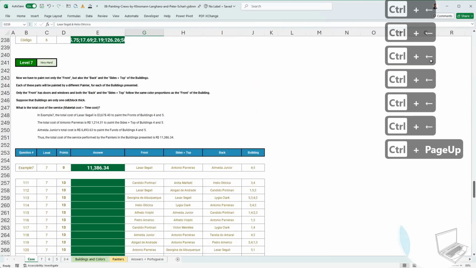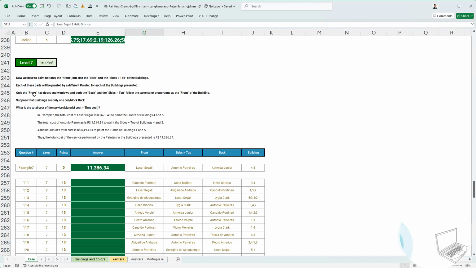Okay. Front has doors and windows. Only the front has doors and windows, and both the back and sides and top follow the same color proportion. Suppose the buildings are only one cell block thick.